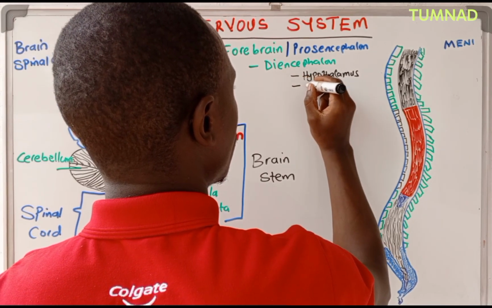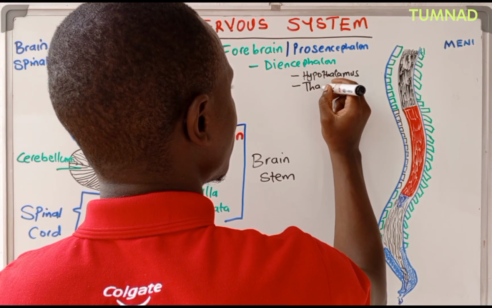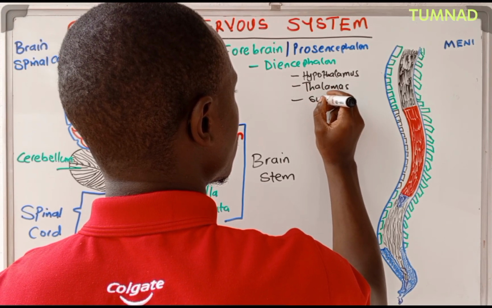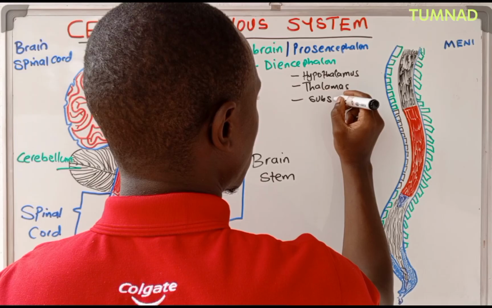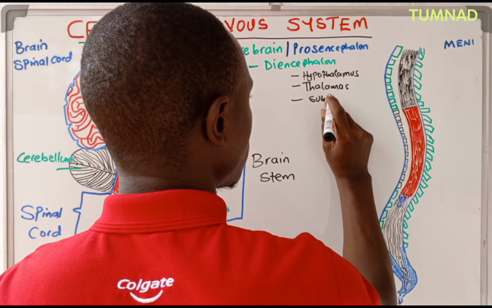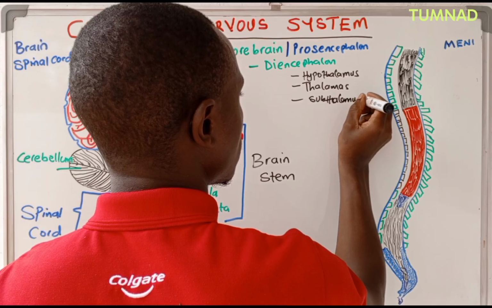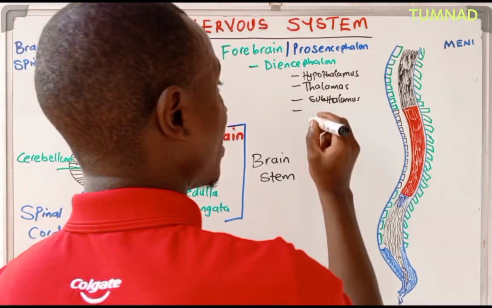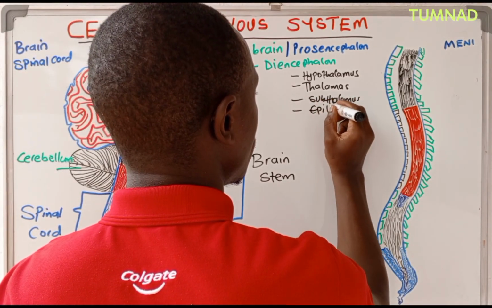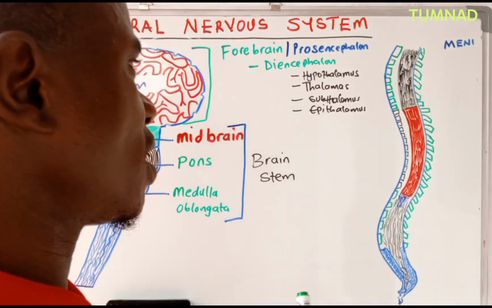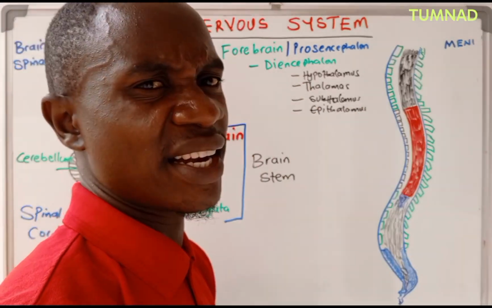We have the thalamus, which is the relay station. We also have the subthalamus, and the epithalamus, and very many other structures that make up the diencephalon.